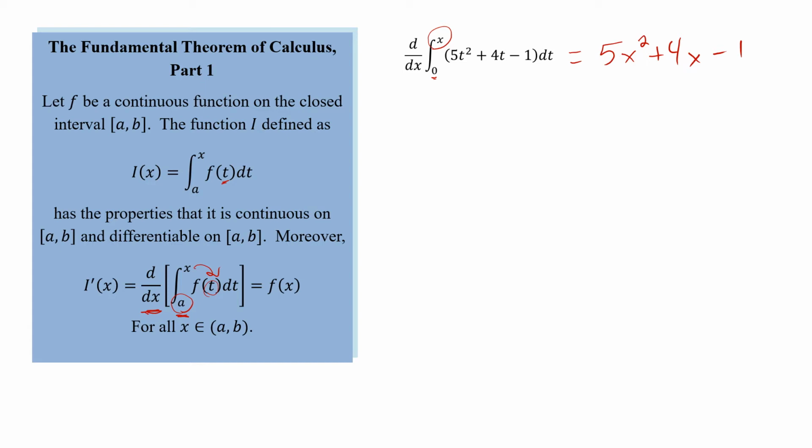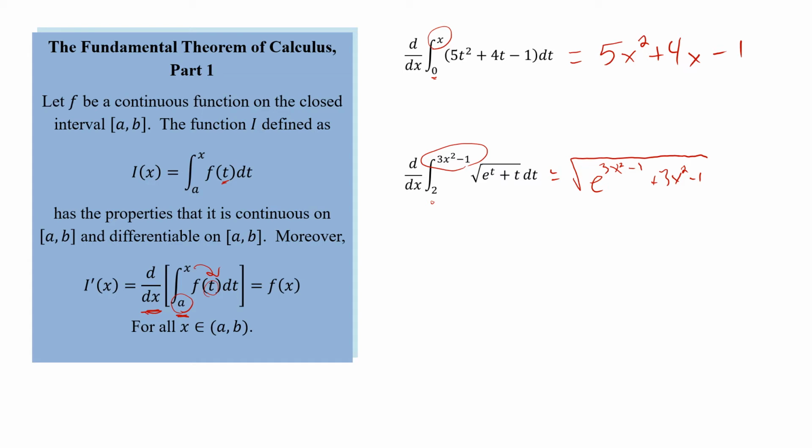Where I say that it can get a little twist in it is what if we have something like this? We still have a constant on the bottom, but now we have more than just x on top. We're going to replace the t's with whatever is up there. So we'll have a square root of e to the t, which is now 3x squared minus 1. And then plus 3x squared minus 1, because there's a plus t.